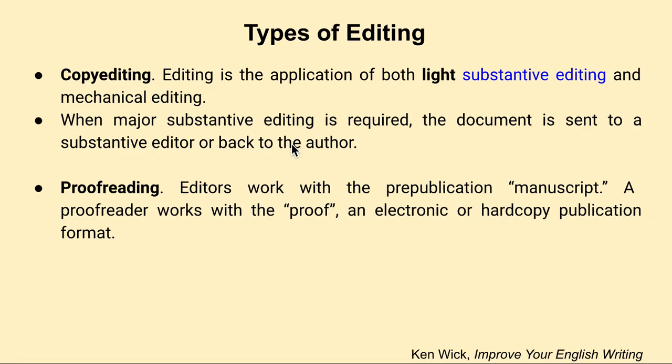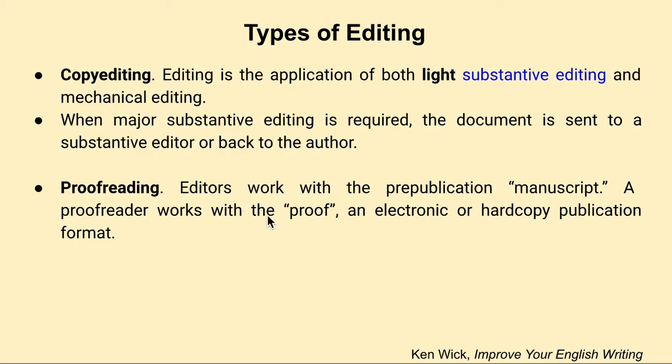And proofreading is the next type of editing. Let me start with this: editors work with what's called the pre-publication manuscript. Once the editors are done, that manuscript is turned into what's called the proof, which is an electronic or hard copy for publication.